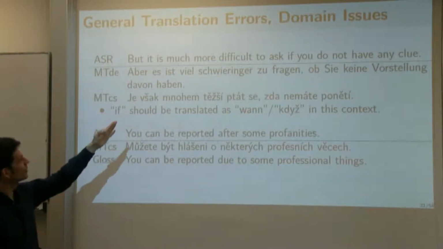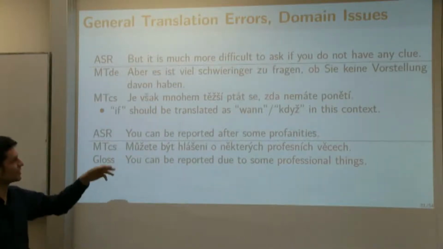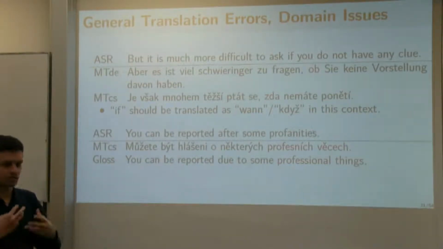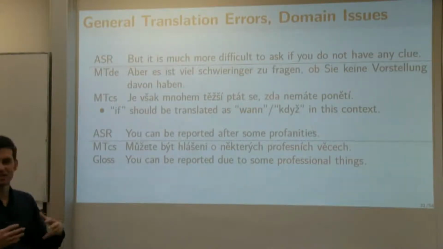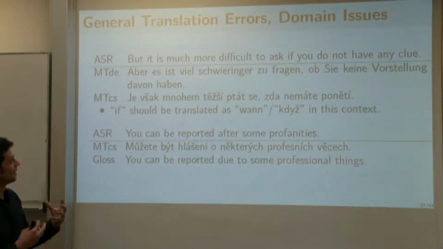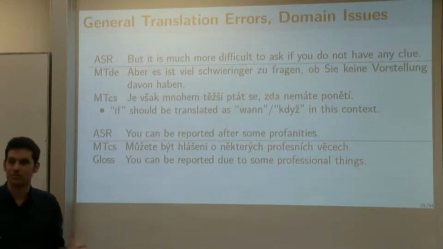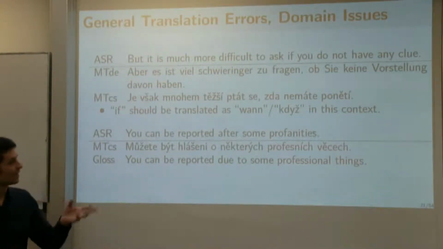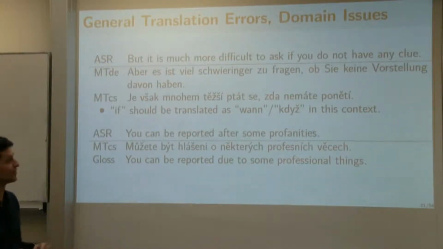The if is translated as op, and that corresponds to the English whether. So the meaning that the German speaker gets is that it is difficult to ask whether you understand or do not understand. It's not that it's difficult to ask in the case when you don't understand.